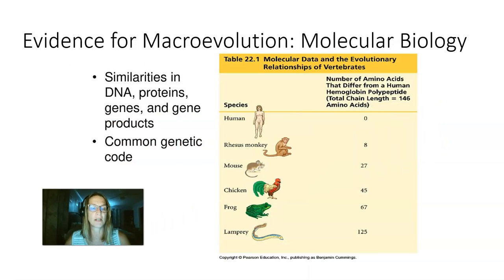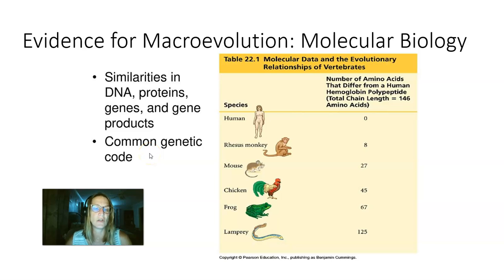And probably the most compelling line of evidence for macroevolution is if we look at DNA and proteins. I mentioned before that DNA basically codes for proteins, and that's its job. I'm sure you know this, but all living things on Earth use DNA, all use the same nucleotides to make up DNA.